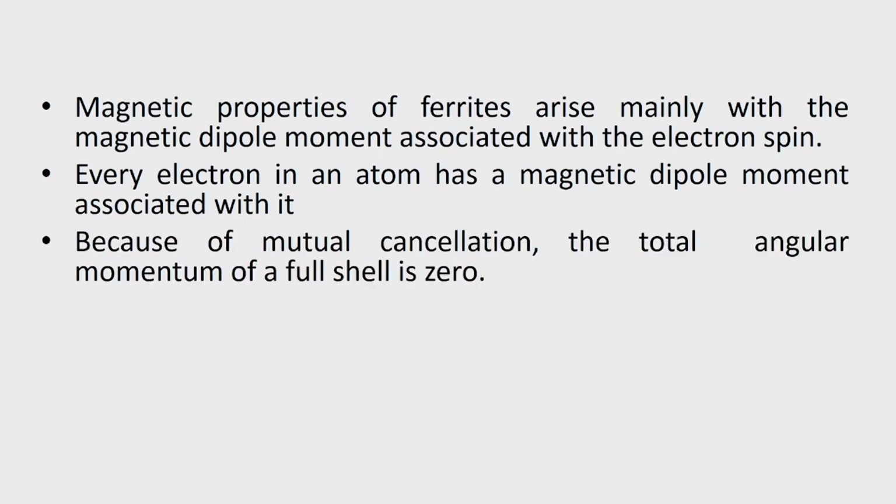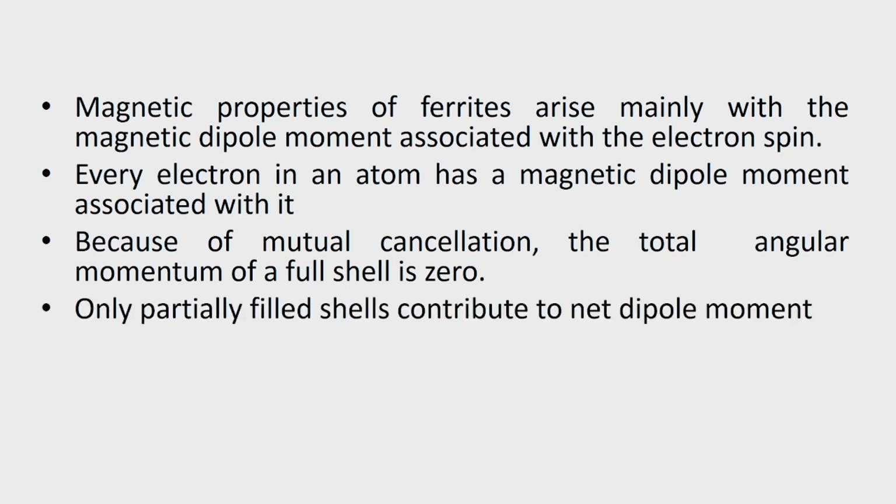Because of mutual cancellation, the total angular momentum of a full shell is 0. So, if the shell of an atom is fully filled, then these magnetic dipole moments, they cancel out each other. Only partially filled shells contribute to the net dipole moment.